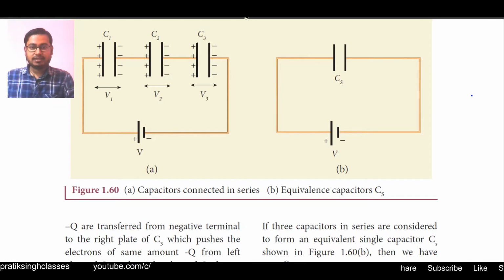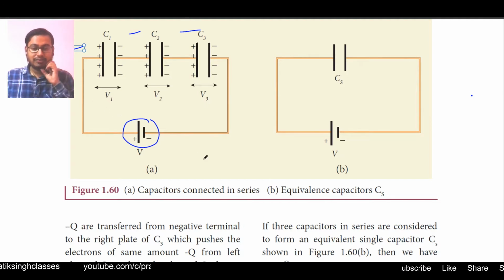So let us see this figure 1.60a and try to understand the things given in the paragraph below. Here three capacitors are given, C1, C2 and C3, and they are connected in series. A battery is connected to them in series which has voltage V. That means the potential of the battery is V, and when the circuit is switched on, the current will pass from the battery to the capacitors and again to the battery.